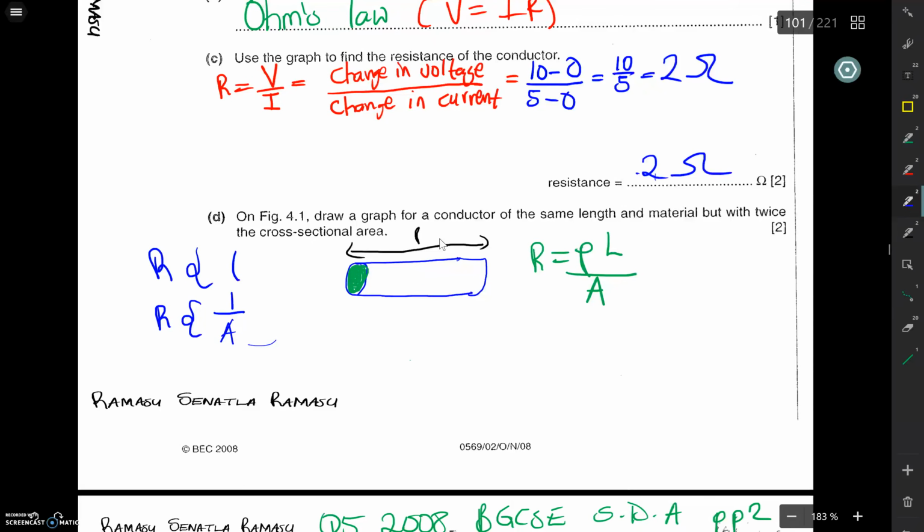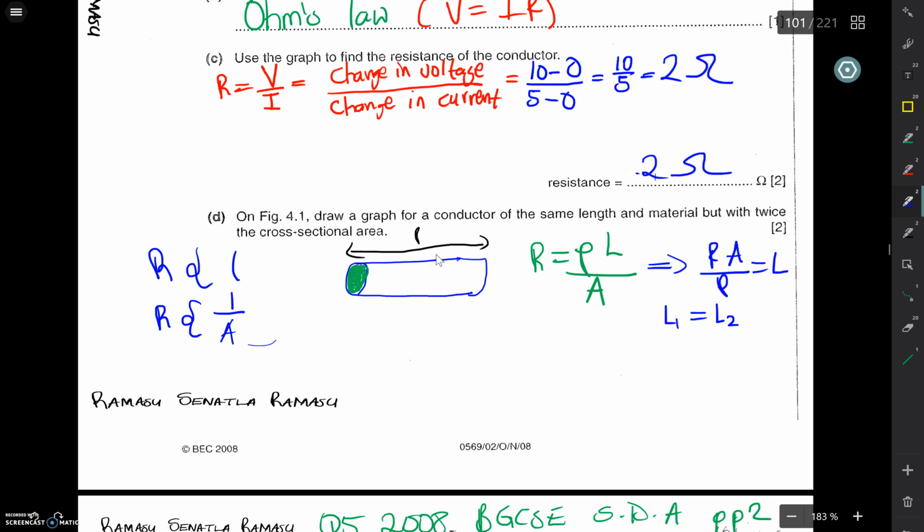They tell us that the two conductors have the same length, right? So let's make L the subject of the formula here. We have R times A over resistivity equals L. So because L1 is equal to L2, L1 is the first conductor and L2 is this new conductor here.